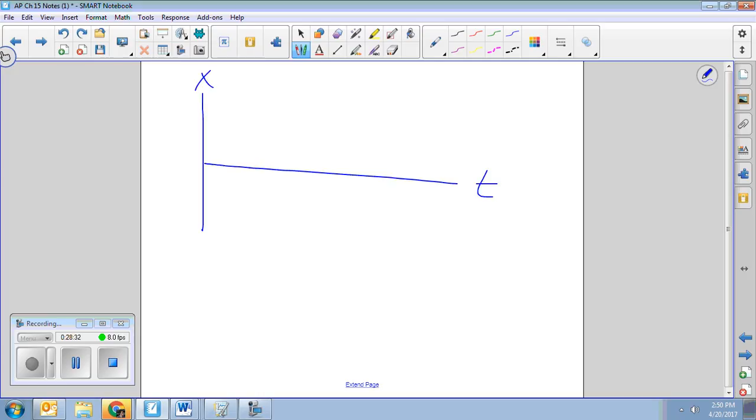Time, position. So our graph is going to look, whatever, like, who cares? Sorry, I'm just trying to decide how I want to draw it. We'll keep it simple. So your graph looks like that, right? Okay. How much time did it take for my particle to get here? What's the name for that time right there?